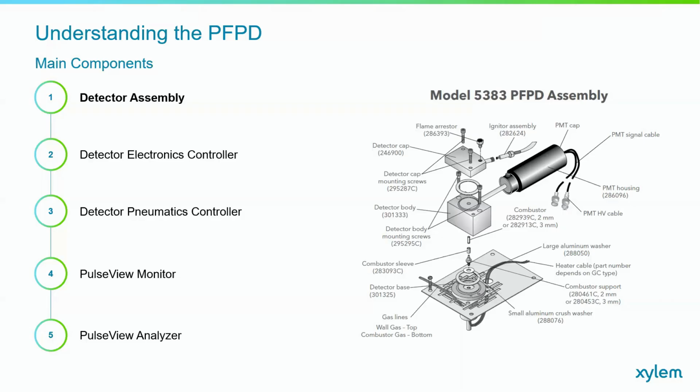You have an igniter. You have a quartz combustor where the actual combustion reaction takes place. You'd have a light filter where you're filtering out certain light wavelengths, and then a photomultiplier tube where you're enhancing certain light wavelengths, and then an electrometer that's converting that signal to a readable measurement by our software so that you can actually see the results that it detects.